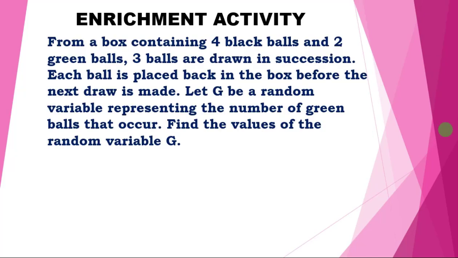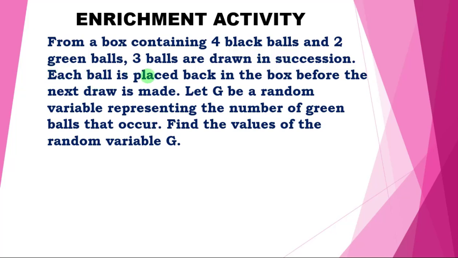So we have to go to the enrichment activity. Take note, the enrichment activity is also similar to exercise number 2, but it's just a different problem. From a box containing 4 black balls and 2 green balls, 3 balls are drawn in succession, meaning 1 ball after the other.